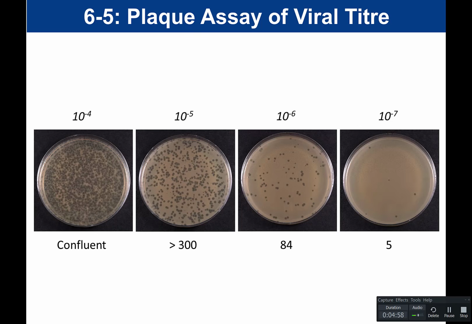So for this, you would want to be able to look at these plates, and when looking at these plates, you would want to know which plate you should choose to calculate your titer. And then you should be able to calculate your titer based on this picture.